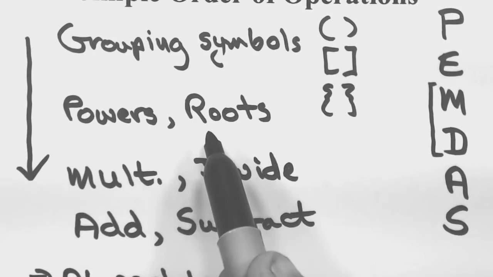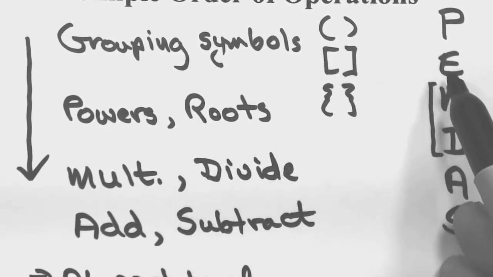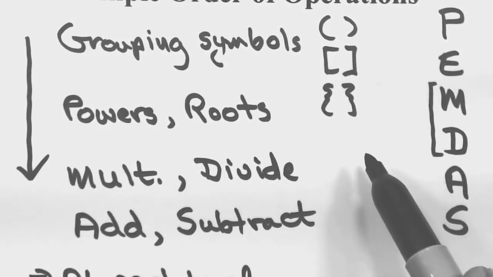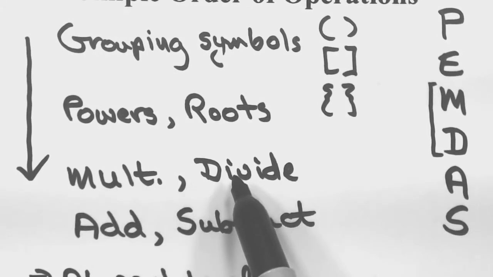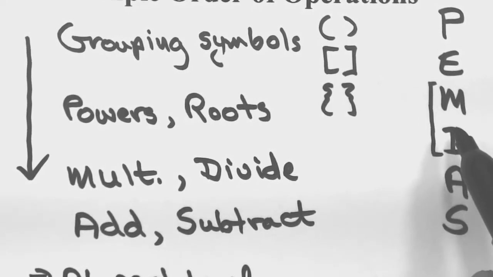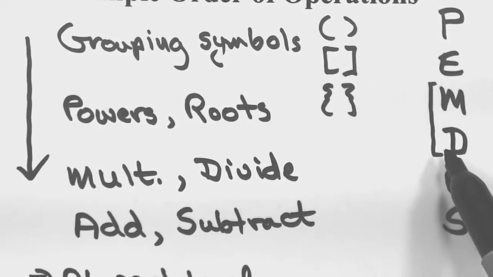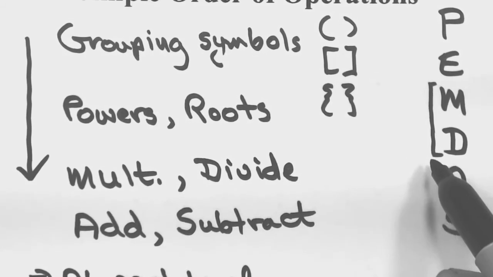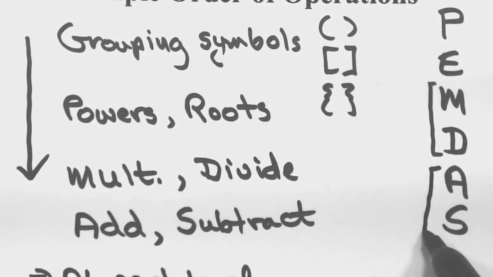Next would be powers and roots, indicated by exponents over here in PEMDAS. Then multiply and divide, and that's what PEMDAS doesn't point out too well. If you learn that multiplies and divides are of the same importance, and you work from left to right on these, then you're correct. The same thing happens officially with add and subtract down here. You're supposed to go left to right with those as well.